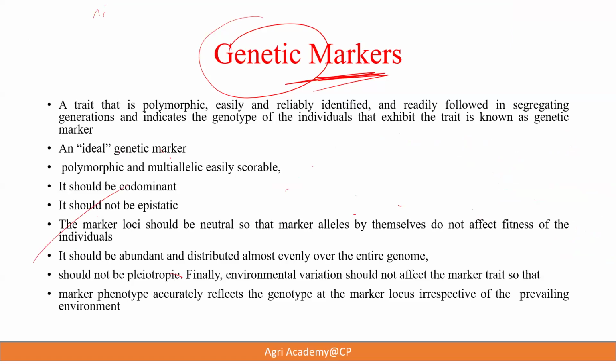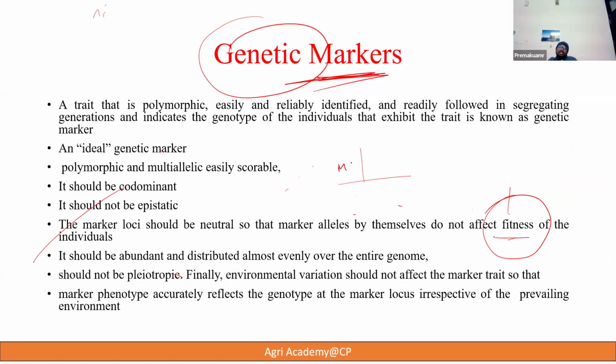Sir, a marker should be neutral. It should not affect the fitness or survivability of your individuals. Okay, understood? Any doubts? Sir, you said that grain size can affect the fitness of the individual. I didn't understand that, sir. Yeah.